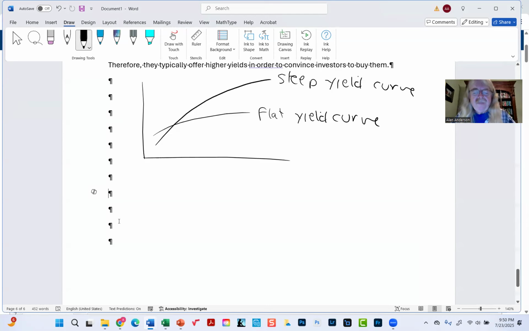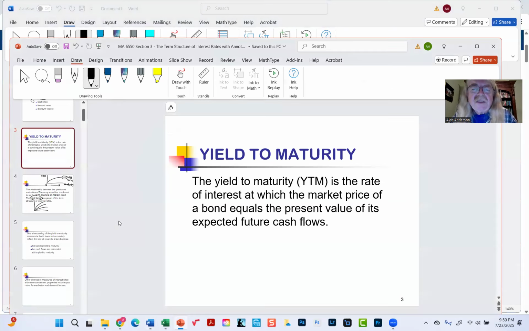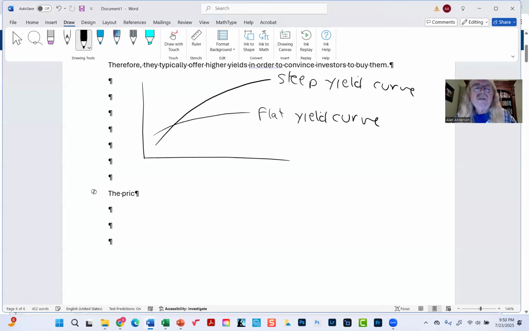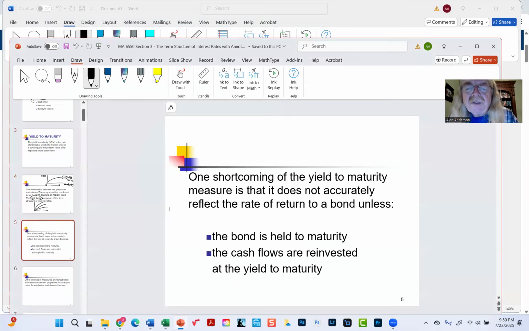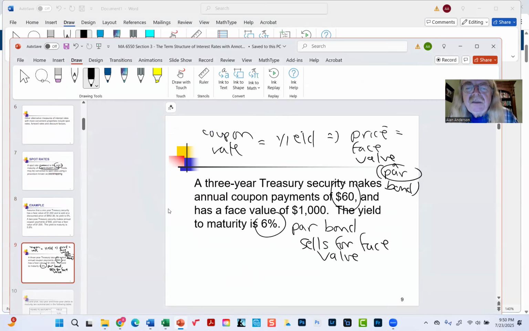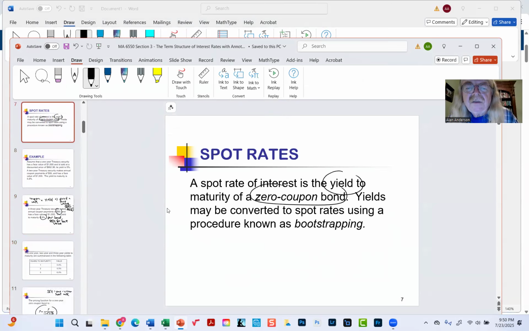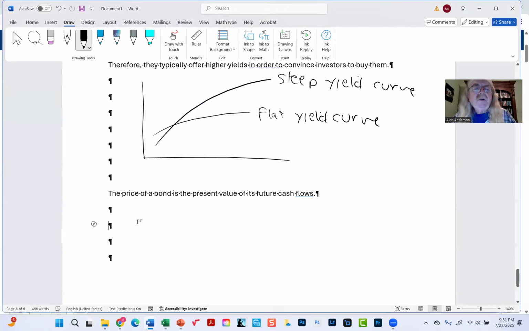But anyway, having said all that, the price of a bond is the present value of its future cash flows. Okay, so let's make up a quick example.